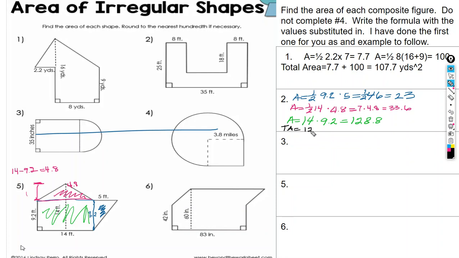Okay. Lastly, my total area is 128 point, oh, whoops, wrong circle. This one should be down here. Okay, 128.8 plus 23 plus 33.6.